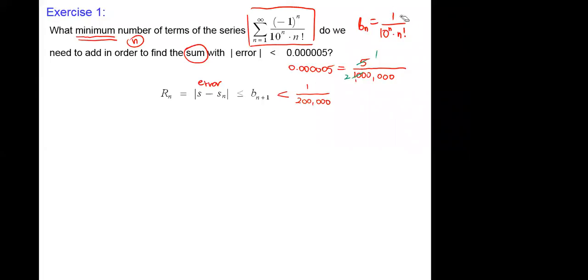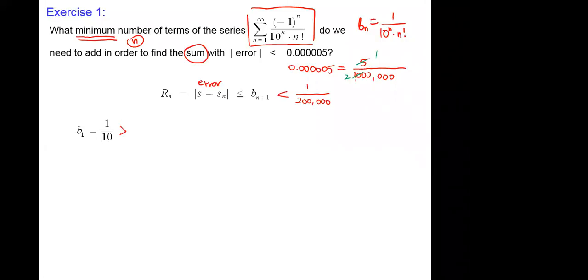I will take this b sub n and step by step substitute n equals 1 and check the value, n equals 2 and check the value. I'm looking for a number less than this, and then I will make some conclusion. B sub 1 will be 10 to the power of 1 times 1 factorial, which is 1 over 10.